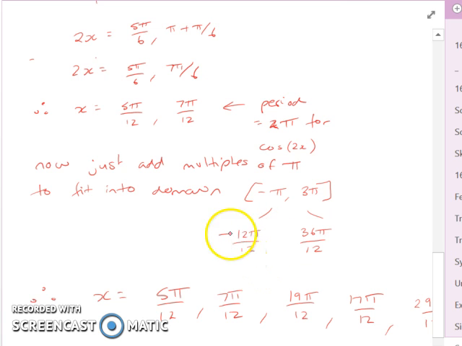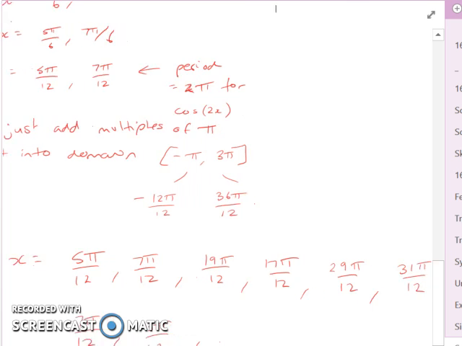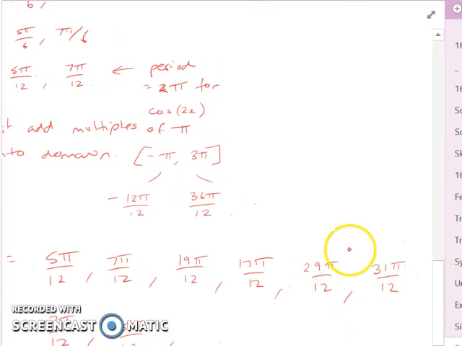If you're going to be adding a certain amount each time, negative pi is negative 12 pi on 12, and 3 pi is 36 pi on 12. So I'm just adding 12 pi on 12 each time. 5 pi on 12 plus 12 pi on 12 will give me this one. 7 pi on 12 plus 12 pi on 12 will give me this one. And I just kept on going until, if I did it any more, I'm going to go over the domain, yeah?